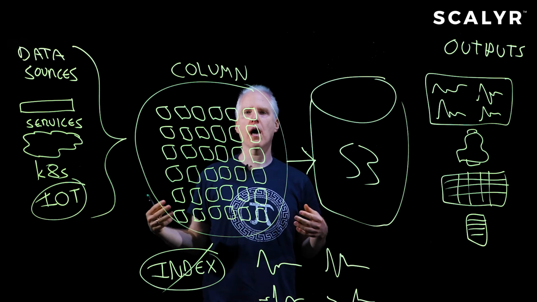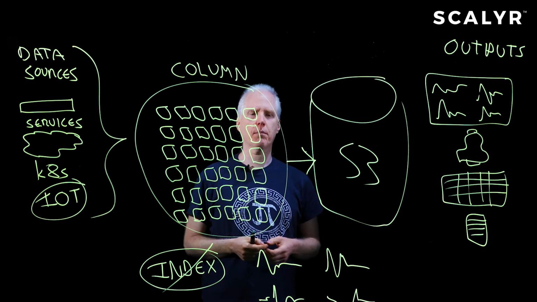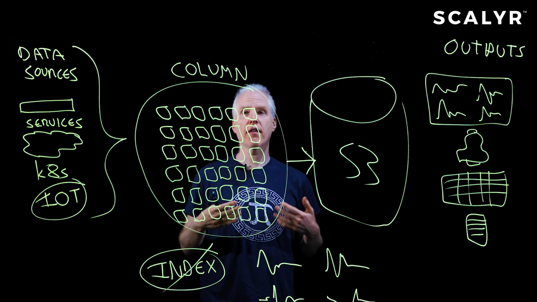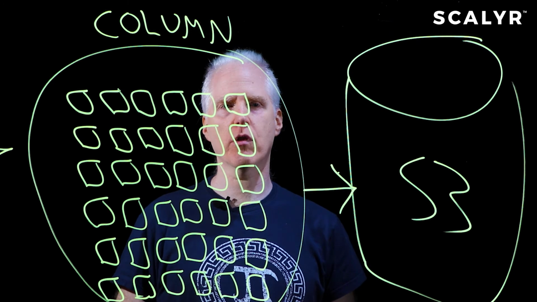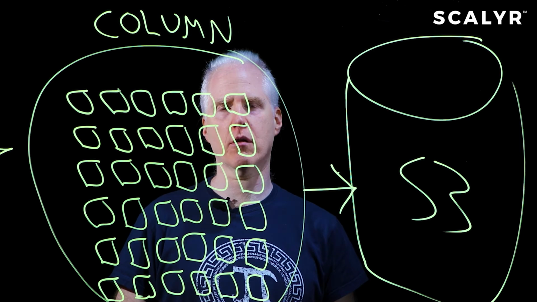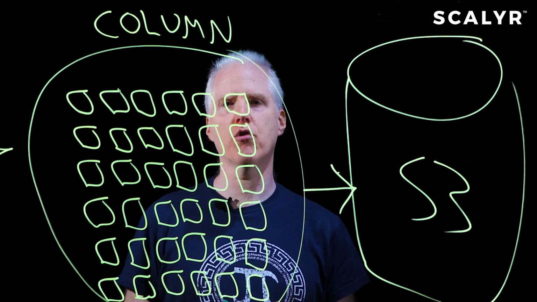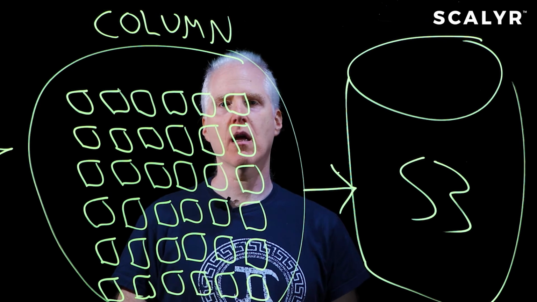So we're able to add structure to that data, which we then place into a columnar data layout. This is one of the techniques that we use to provide efficient query processing without having to spend computing resources on an index. The columnar layout allows us to reduce the amount of data that we're examining for any given query.